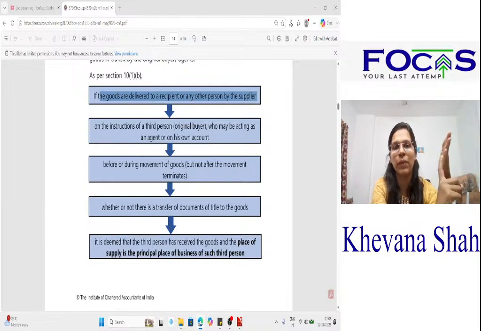Now this person B can be an agent or he can be instructing this on his own account before or during the movement of goods, but not after the movement terminates.